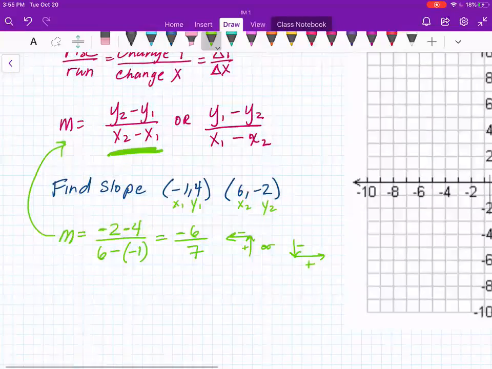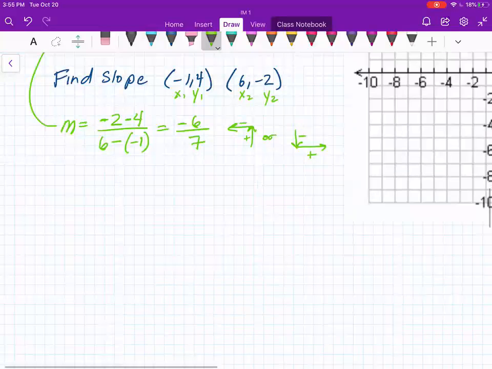Okay, another example of slope. With this example, let's use purple. My points are (2, -4) and (1, 6). From here, I can find the slope as x sub 1, y sub 1, x sub 2, y sub 2.